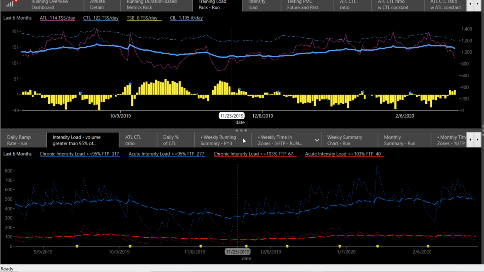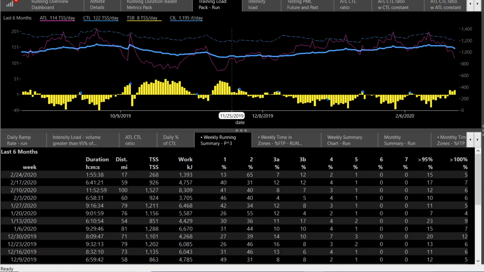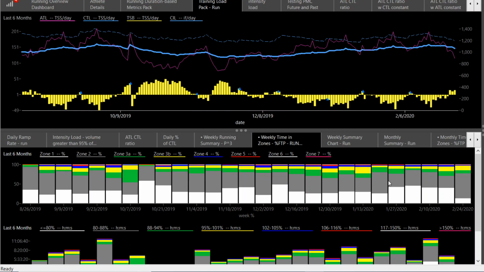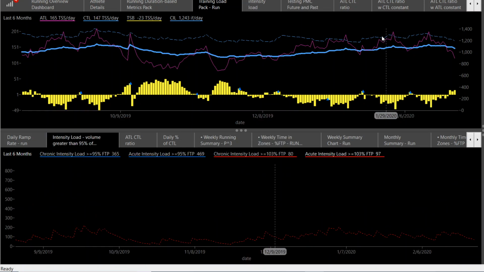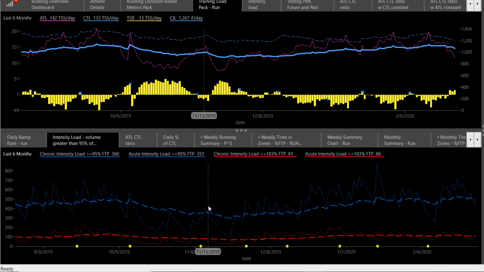And you can look at it weekly in terms of breakdown, in terms of time and zones, or graphically in terms of time and zones. You can look at a metric like chronic intensity load, but I particularly like this one here, which is what I call intensity load at greater than or equal to 95%, and then also intensity load at greater than or equal to 103% of FTP or CP.